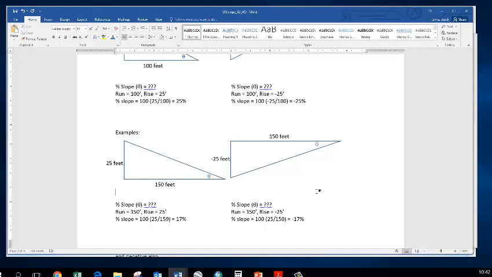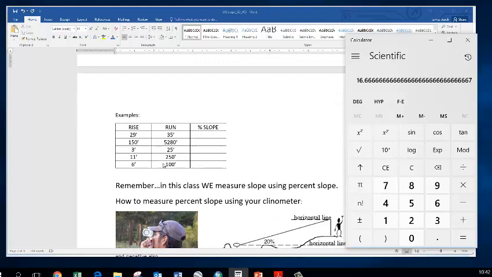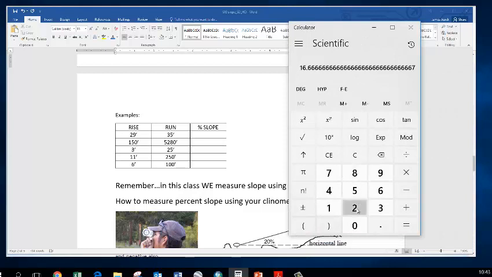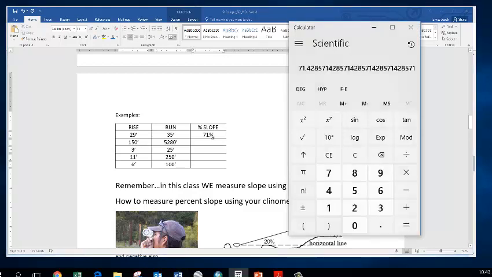All right, so let's give these a try here on a couple of examples. Okay, so I've got a rise of 29 feet and a run of 35 feet. It's going to be pretty steep because my rise is almost exactly the same as the run. Okay, so 25 divided by 35 times 100. And that gives me about a 71% slope. Okay. Let's try the next one.